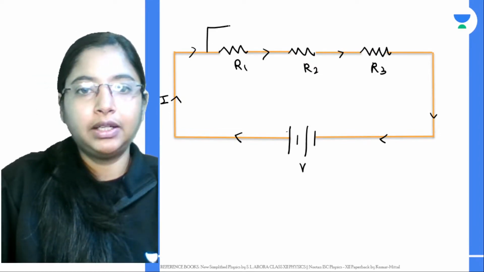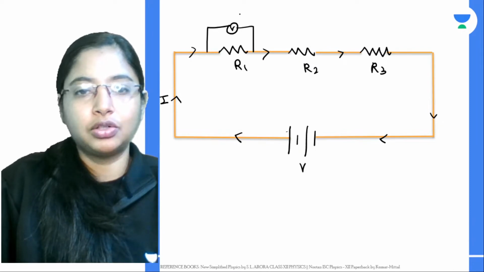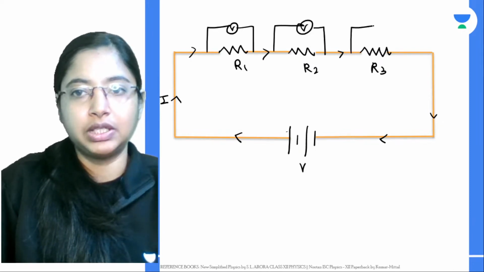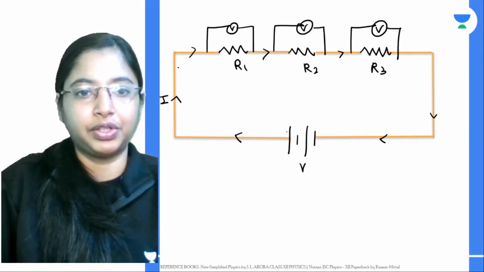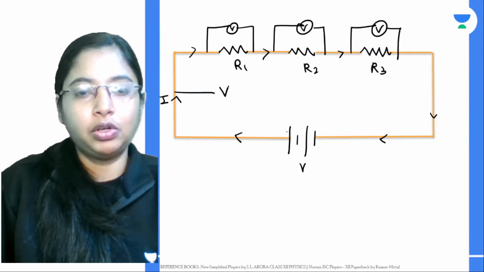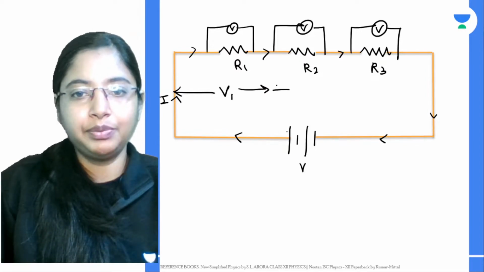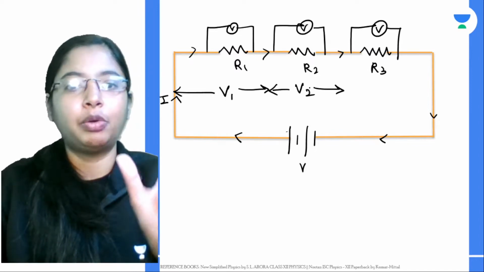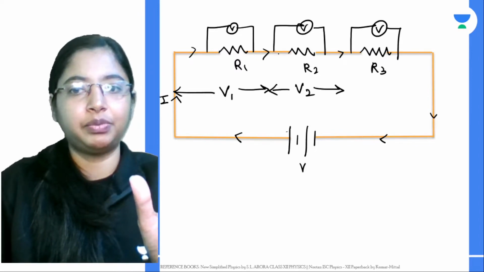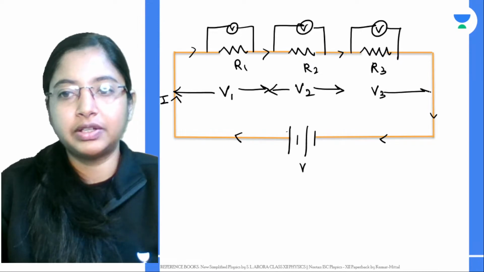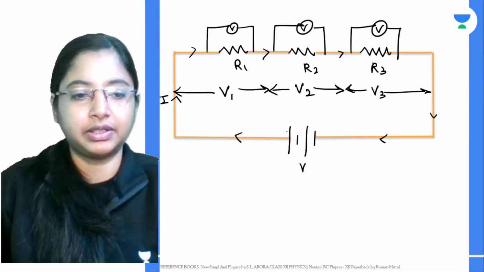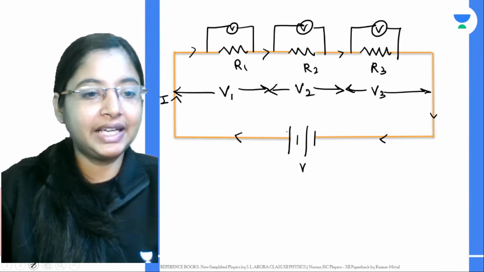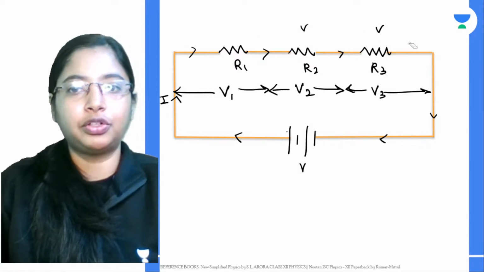But if you connect a voltmeter across each resistor, there is a voltage V1 over here, and the potential difference across this resistor will be different from this resistor. But the current through the circuit is going to be the same.